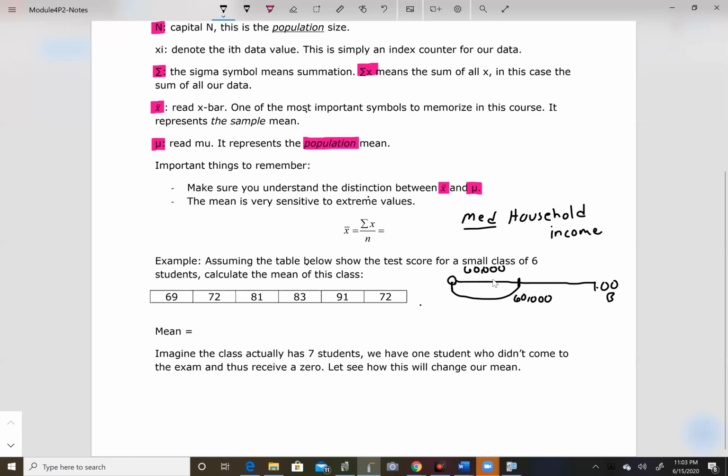How many numbers, not people, remember it's the same amount of people, but we're talking about how many numbers between 60,000 and 100 billion. Well, I can't even do that off the top of my head and give you a great answer.